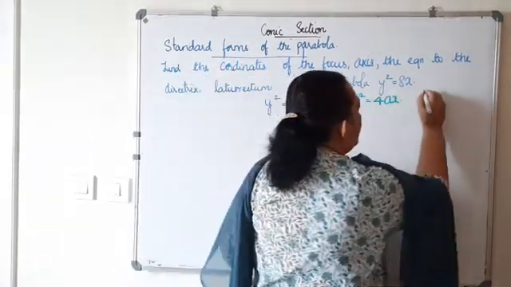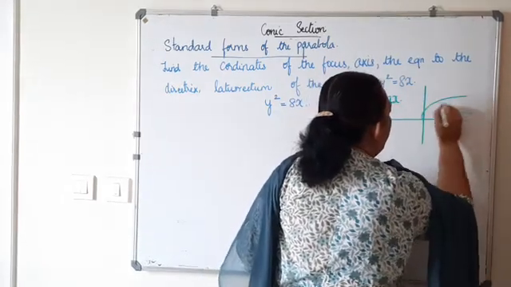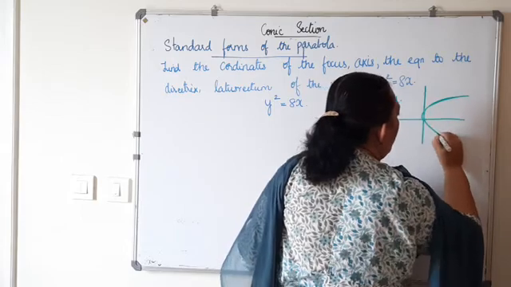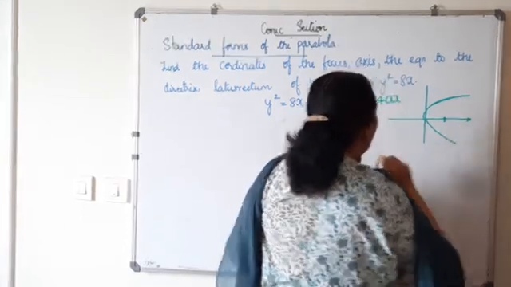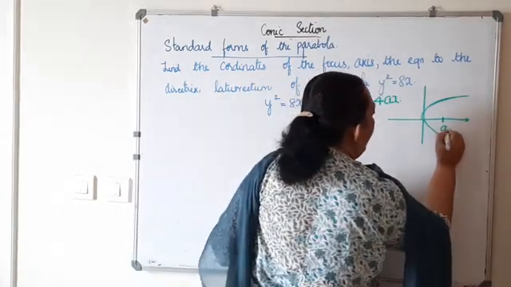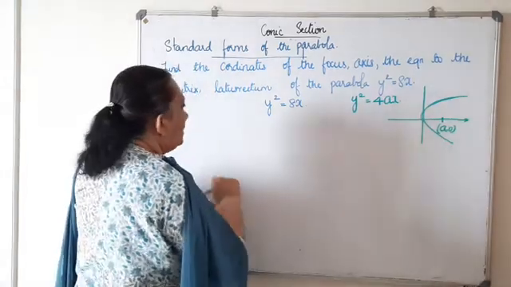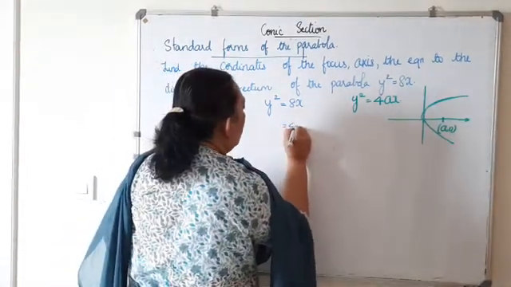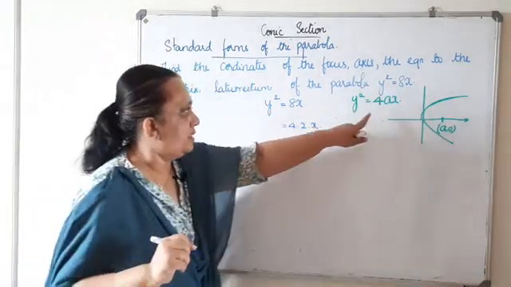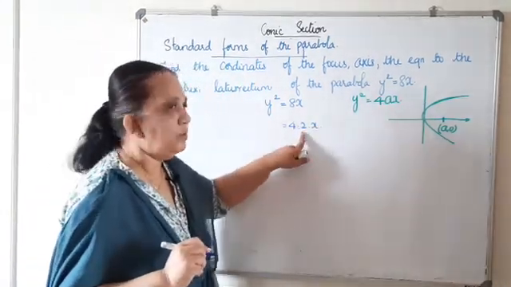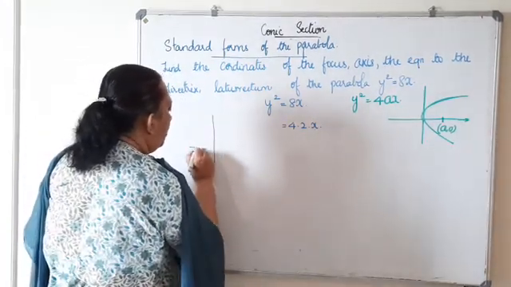Draw a rough sketch of the parabola. It opens to the right side and the focus is on the x-axis, so the focus is a, comma 0. This 8x can be written as 4 into 2 into x, so here a corresponds to 2. Now draw the rough sketch of the standard parabola.